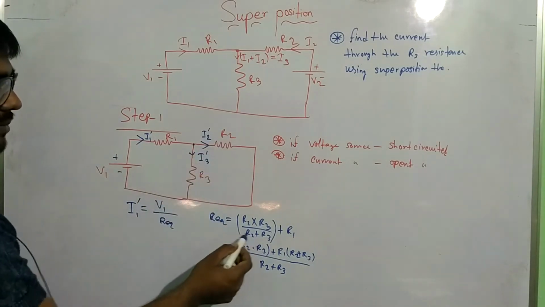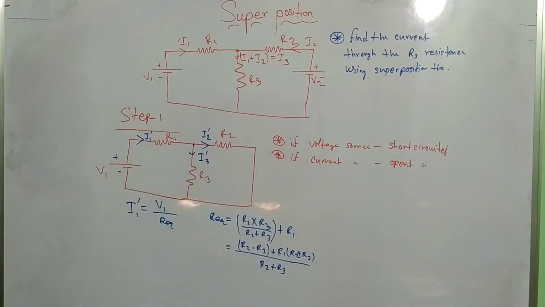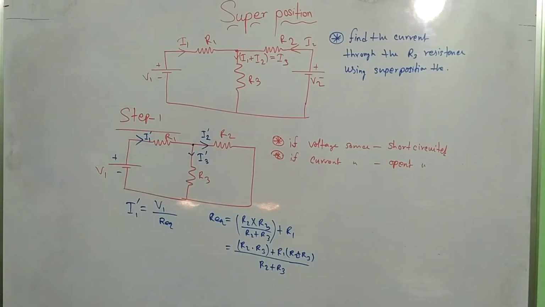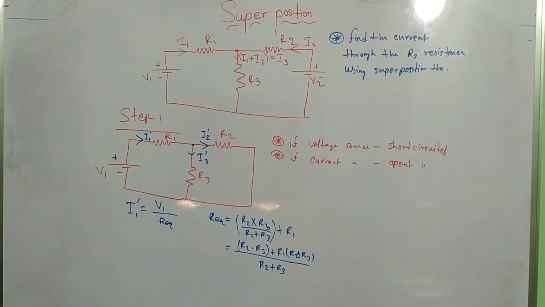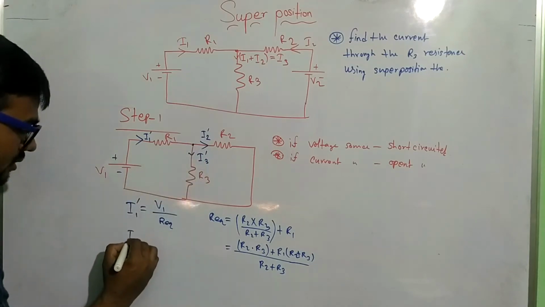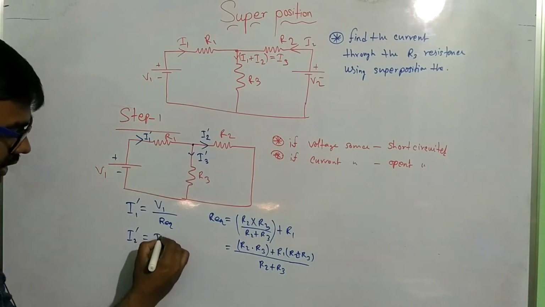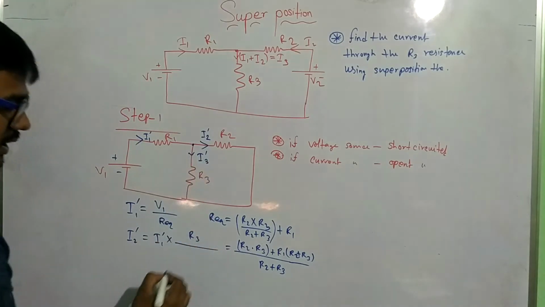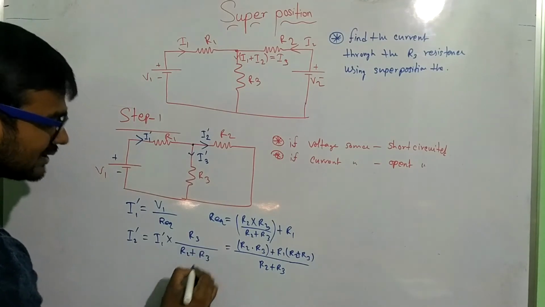This is multiplication by summation, then the resultant is summed with R1. So if I am getting I1 dash, for this circuit I1 dash is the source current. Then I2 dash equals the main current into the opposite resistance, meaning R3, divided by the sum of resistances R2 plus R3.